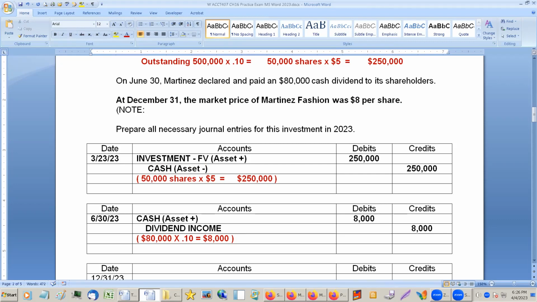So we're gonna do the fair value adjustment and unrealized gain. And yeah, so this will be unrealized gain. It could also be unrealized loss if it was a loss. In this case, it's a gain, but whatever it is, it's gonna be unrealized.